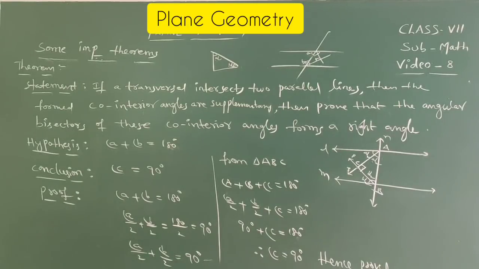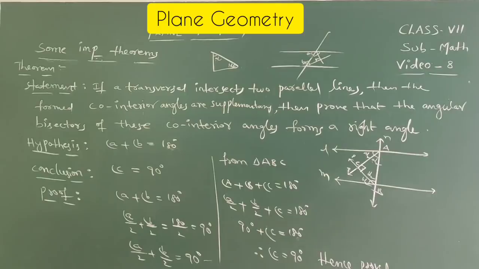With the help of those bisectors, we proved the angular bisectors of corresponding angles are parallel when the two lines are parallel. That is an important condition. When the two lines are parallel, the corresponding angles formed are equal, and we know the angular bisectors of these corresponding angles are parallel.